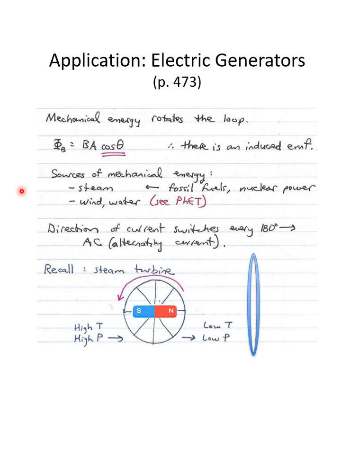But we need some source of mechanical energy in order to get that loop and/or the magnet rotating with reference to each other. The direction of the current is going to switch with every 180-degree rotation, and this leads to alternating current, which is a current that continuously switches direction, going back and forth.